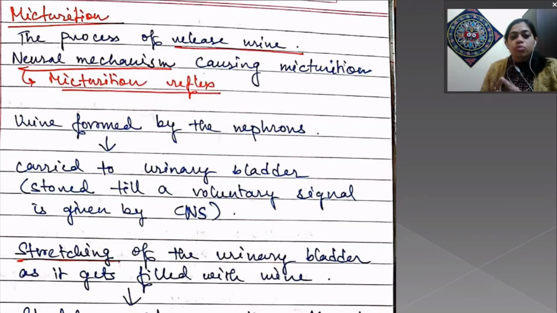When urine is formed by the nephrons, it is carried out through the ureter from the kidneys and finally goes to the urinary bladder, where it is stored till a voluntary signal is given by the central nervous system.